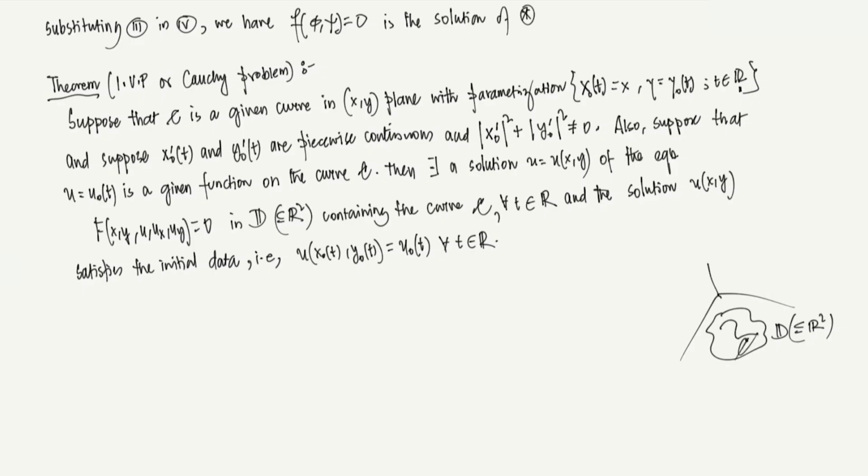So now what do we expect out of the curve C? First of all, we expect that it is piecewise continuous, and that the derivative of the curve is piecewise continuous.